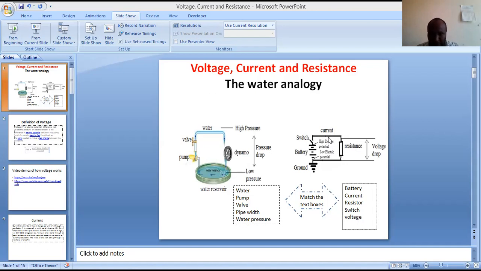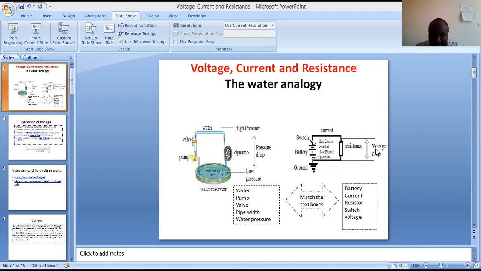Same thing here. You have at this point the electrical potential is high. At this other point, the electrical potential is low. So as current flows from the point of high potential to a point of low potential, some energy is lost, and so there's a voltage drop here.